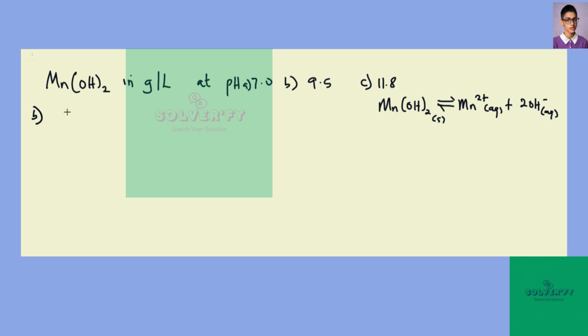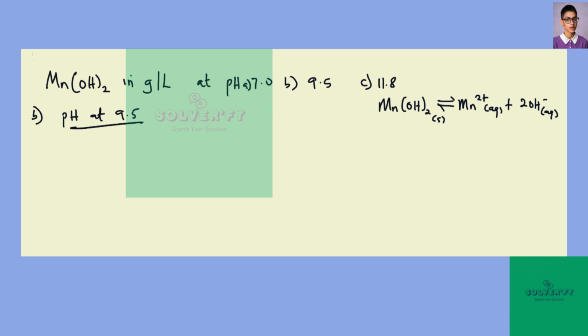So we have a pH at 9.5. Okay. So we are trying to calculate the solubility in grams per liter.